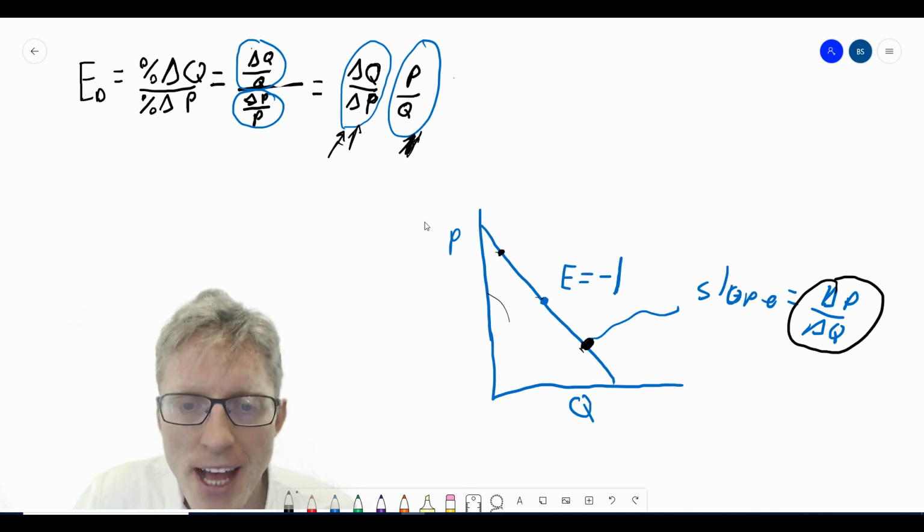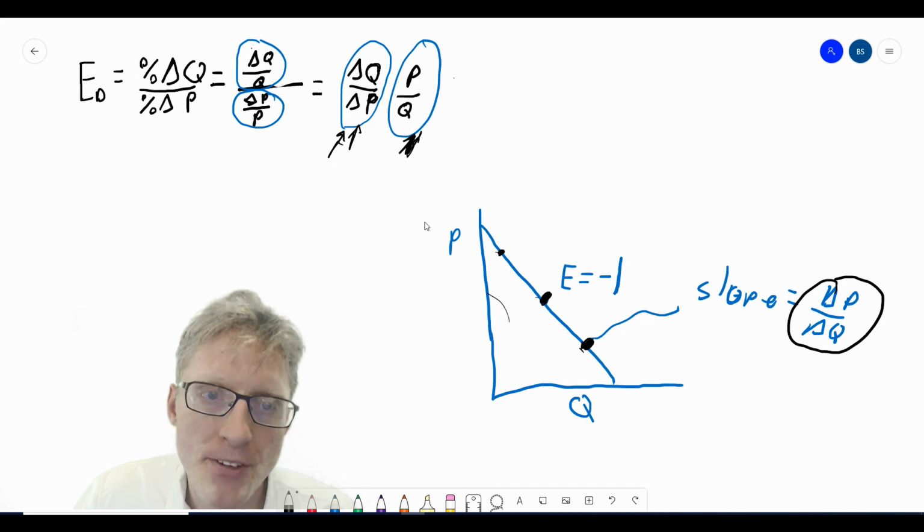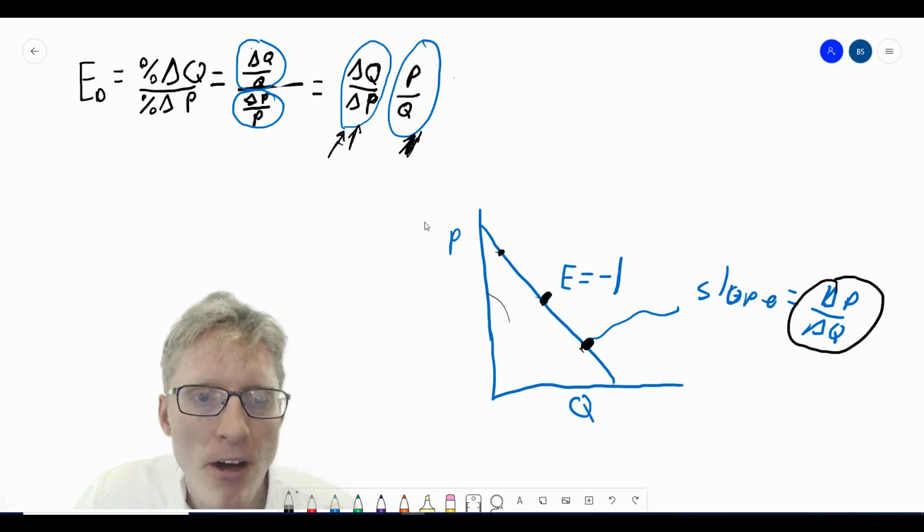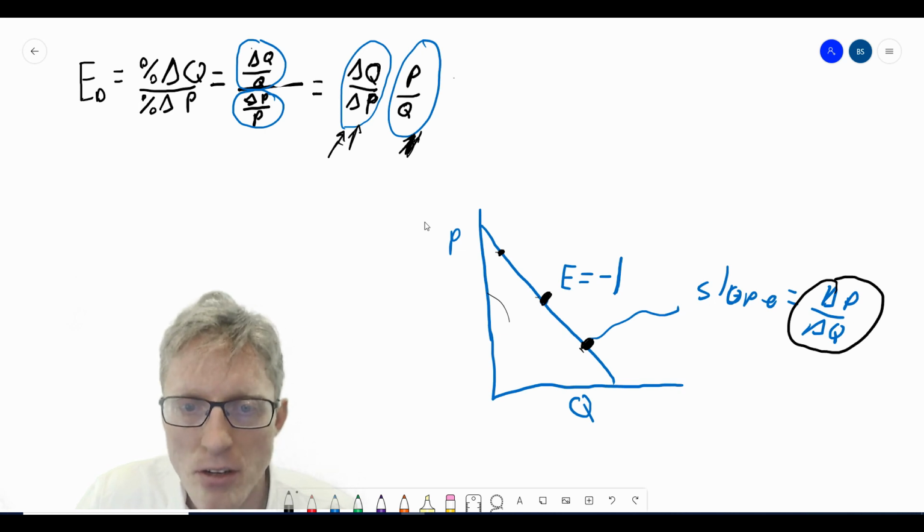So if the elasticity is -1 at this point here, then as you move further up and to the left, to higher P, lower Q, it must be that the elasticity is greater in magnitude, or said another way, it's smaller than -1.